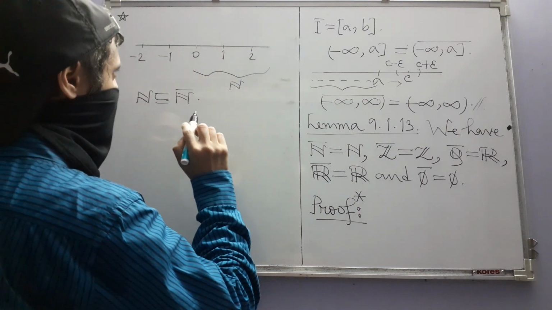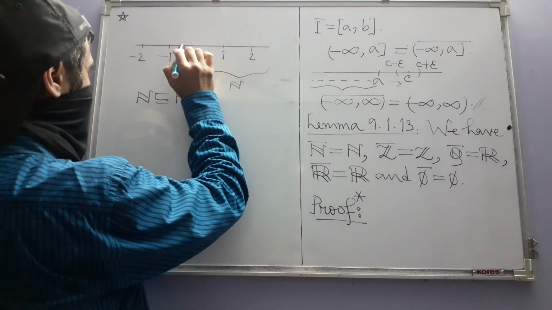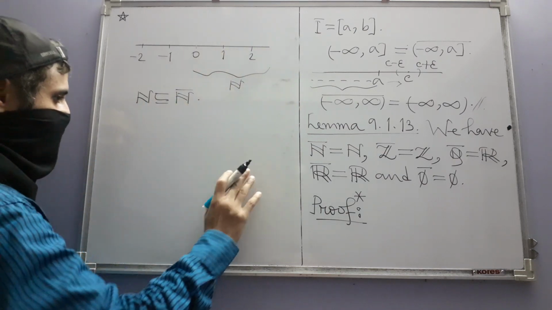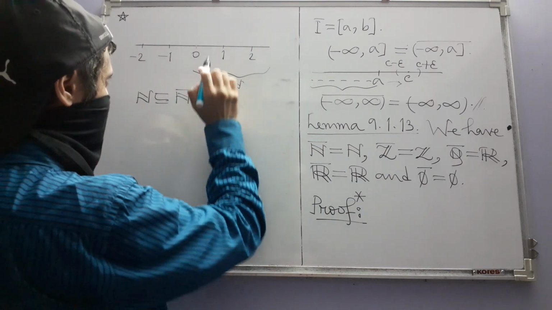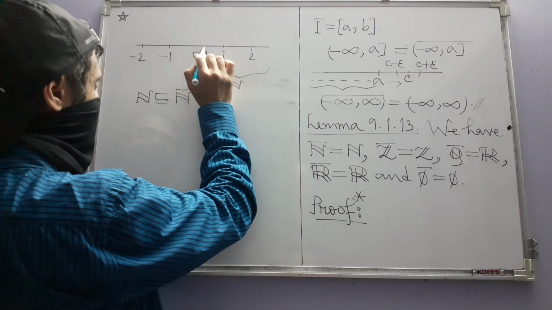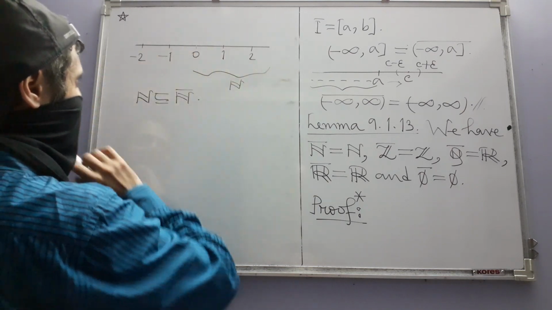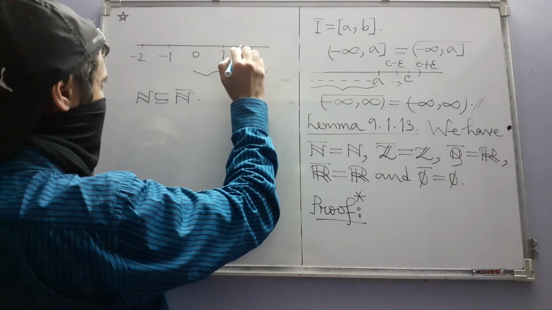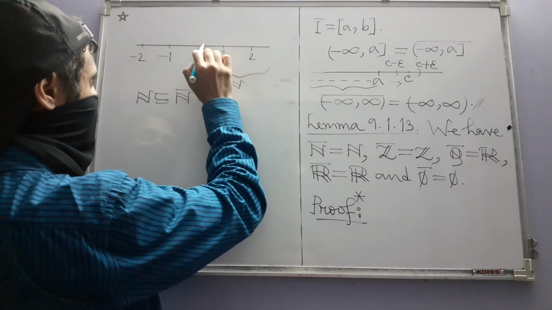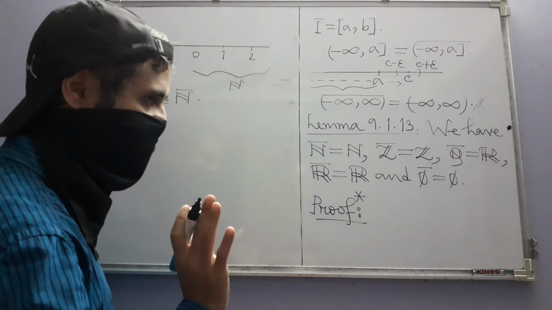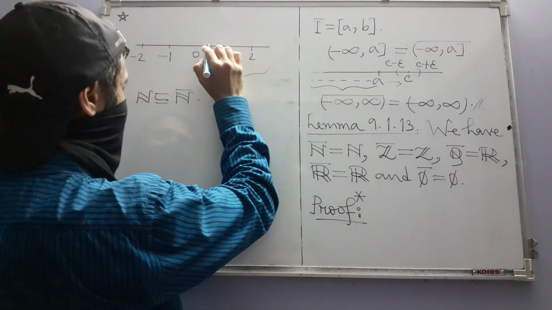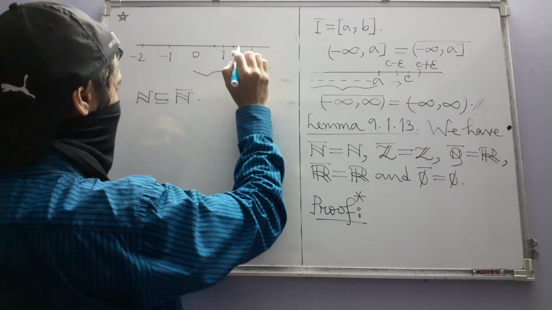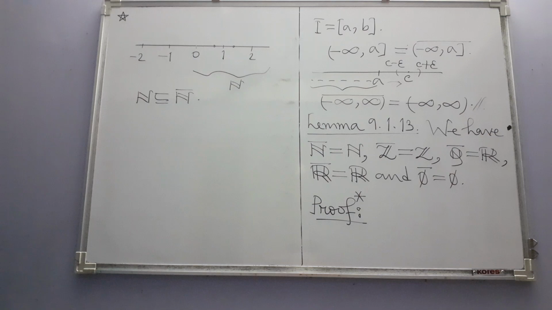Nothing else means, whatever else you have in the set of real numbers then lies either to the right of 0 or to the left of 0. If it lies to the right of 0 but it's not in N, right? So it will be some fraction. It will not be a natural number. So it may lie either here or between 1 and 2 or between something and something.